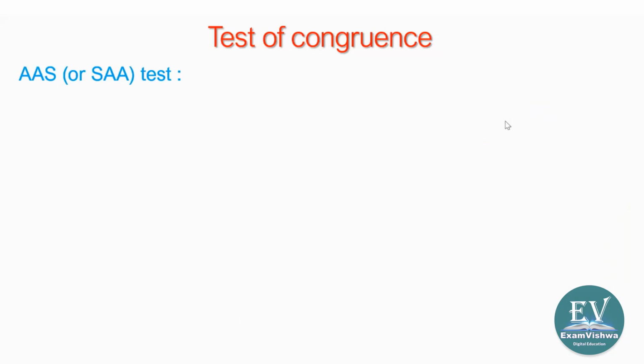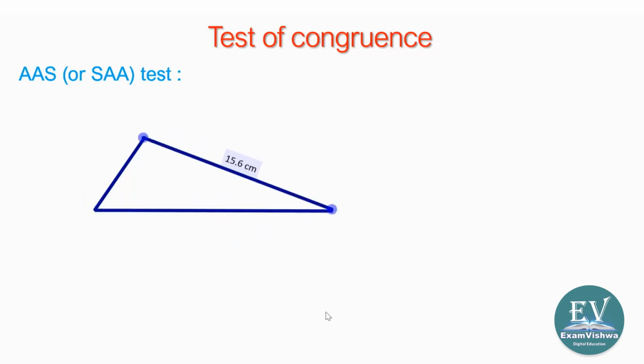As the name indicates, angle angle side test. I am trying to draw a triangle to prove the AAS test. Naturally, okay, let there be a triangle of my choice. Here is a triangle of my choice. And I am going to give you some suppositions here.